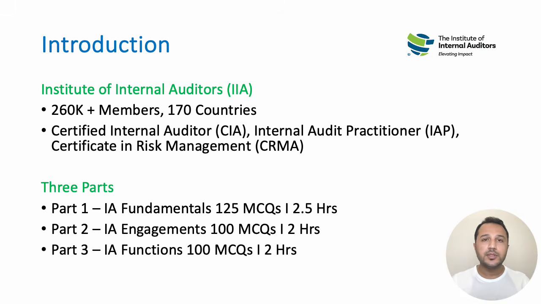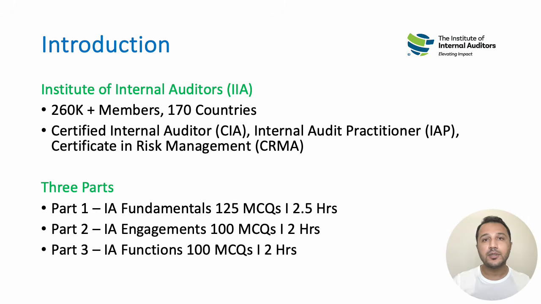Before we start with the CIA exam and its structure, it is important to know that the CIA exam is governed by the Institute of Internal Auditors. It is one of the leading non-profit organizations for internal auditors. It has more than 260 members across 170 countries.